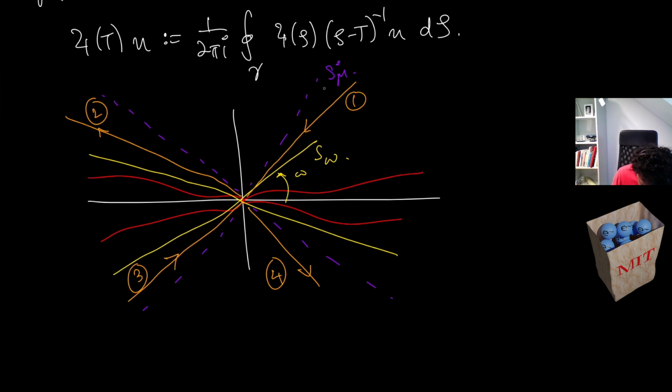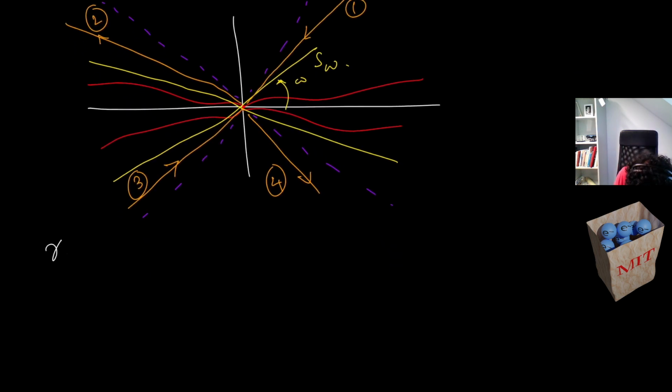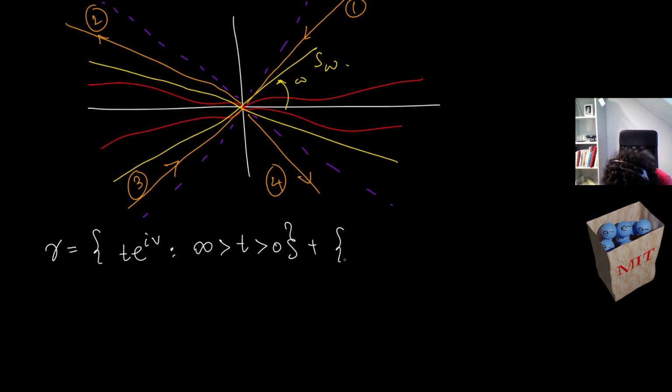So this is the boundary of some sector mu. And this is the right parameterization, right? So let me write out what this is. So this curve gamma is t e to the i nu, such that we come from infinity to 0. And then we go from minus t e to the negative i nu from 0 to infinity.